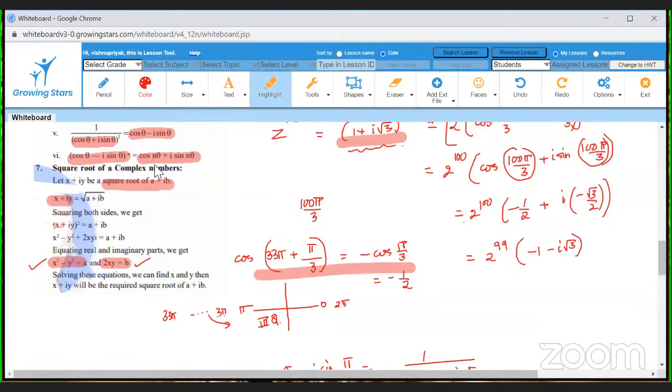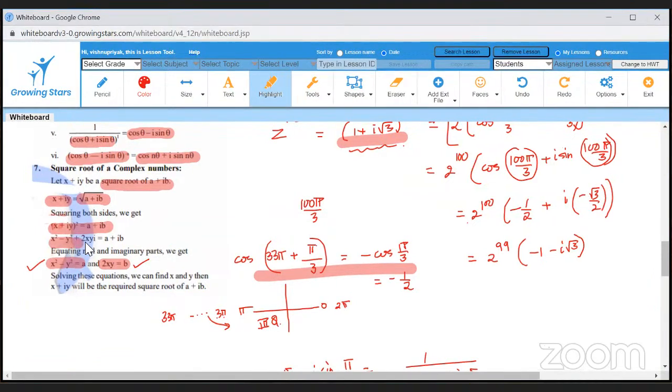Imagine the square root of a plus ib is x plus iy. Square both sides. When you square this side, the square root will disappear. On this side you have to use a square plus b square plus 2ab.